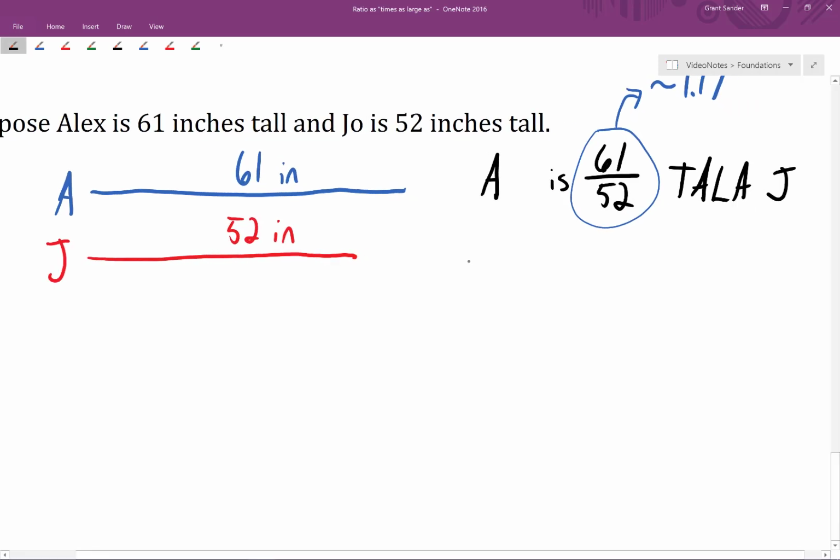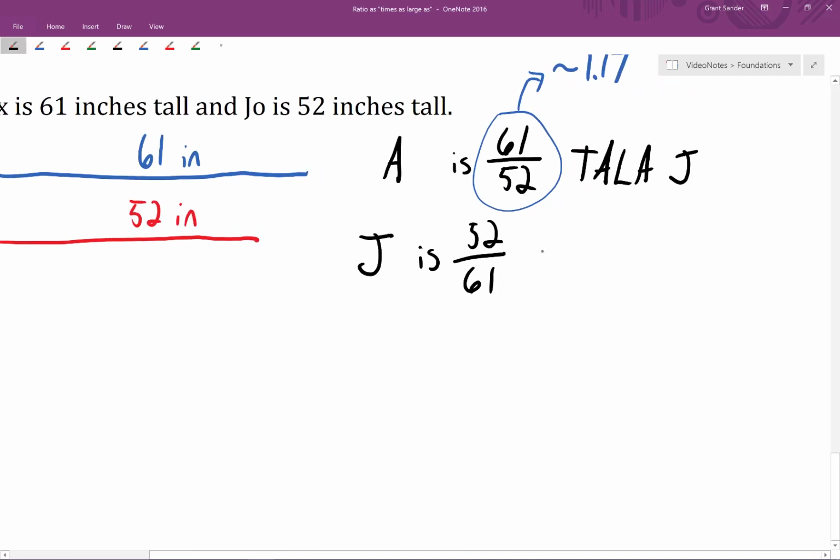If we flip things around, we could say that Joe's height is 52 divided by 61 times as large as Alex's height.